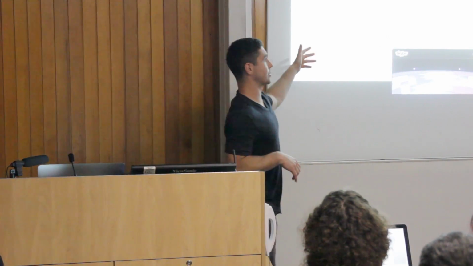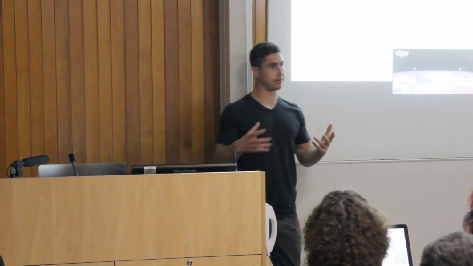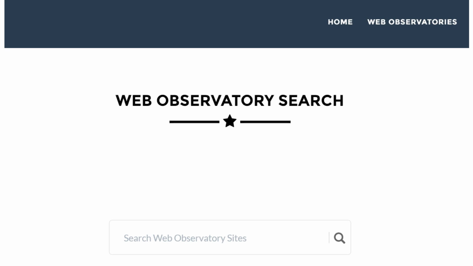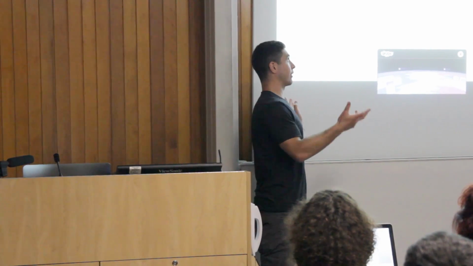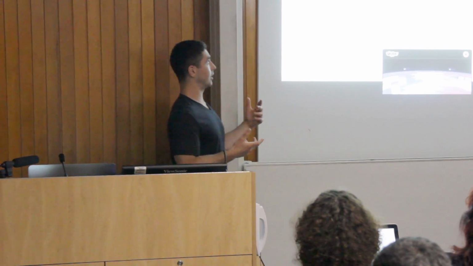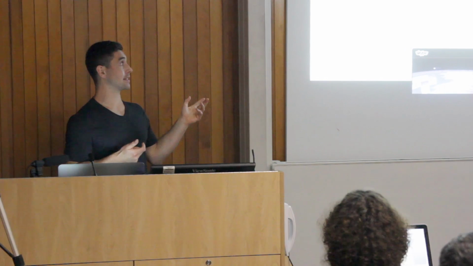With all of these observatories, they all provide the data in a similar way. So once we have their data and we know what they've got, we can do searching across them. So this is a nice tool for you guys who are interested in looking at social media data and different sources of data, to do discovery of the data sets and then use them for your own research.